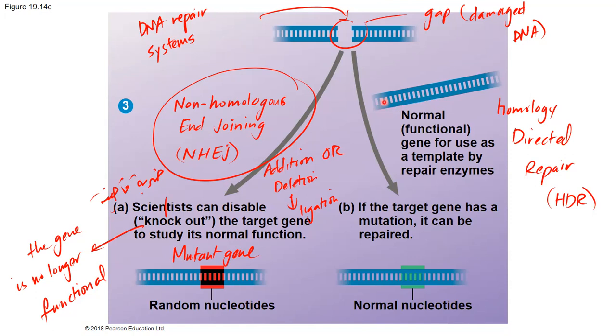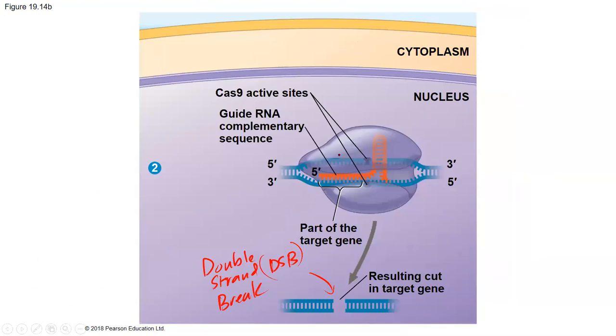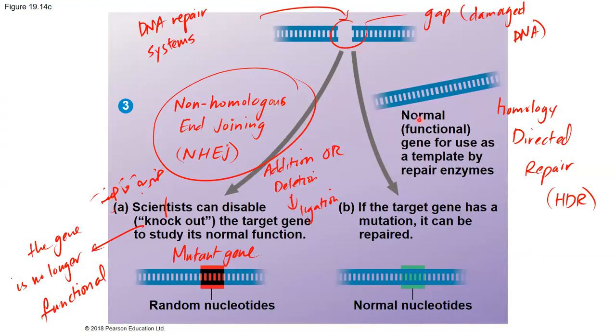So some repair enzymes or repair proteins will take this template, learn about the sequence here, and use it to repair the gene. So now we have normal nucleotides, and now the gene is normal.